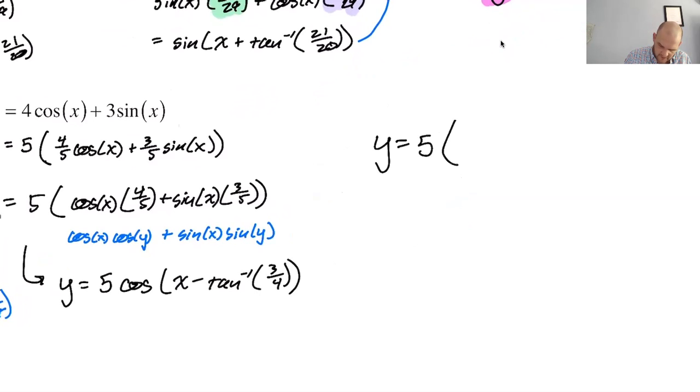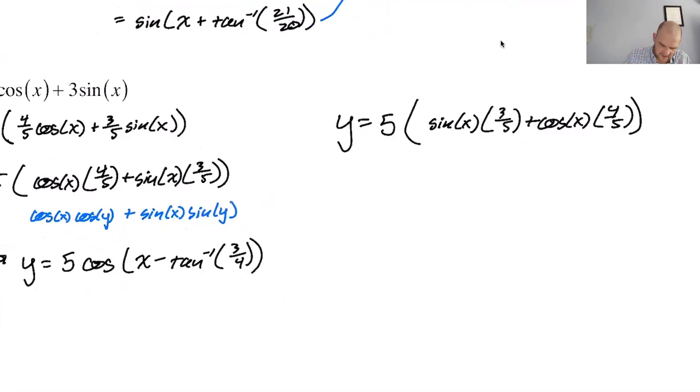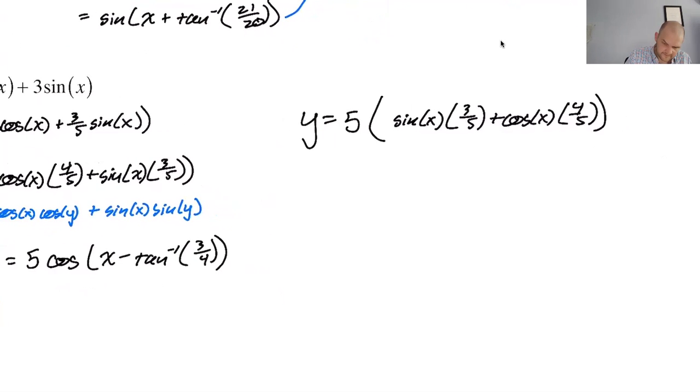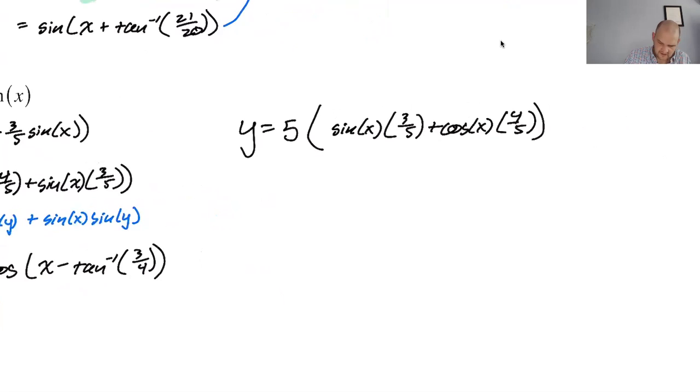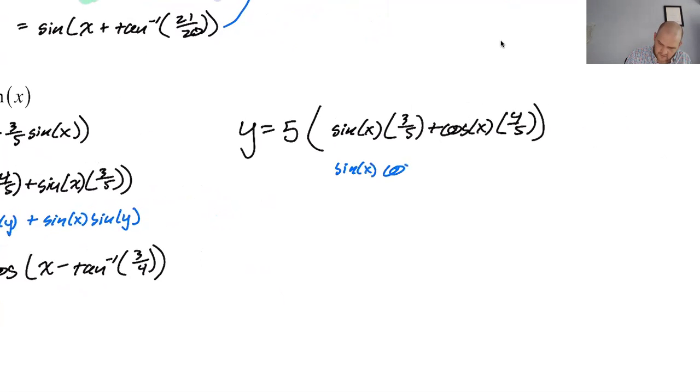So here I'm going to rearrange it as sine of x times 3/5 plus cosine of x times 4/5. Now I'm looking at it as sine, cosine, cosine, sine: sine cosine plus cosine sine.